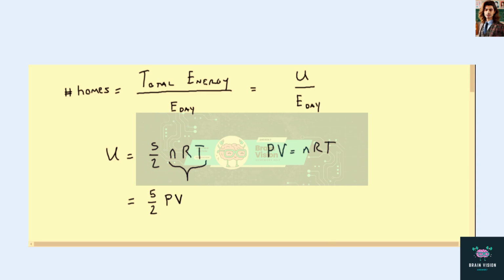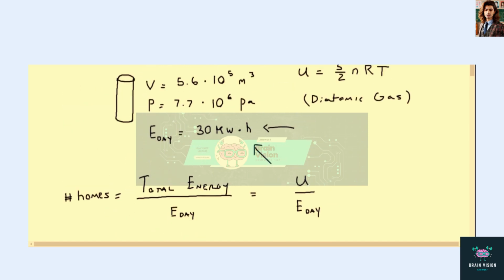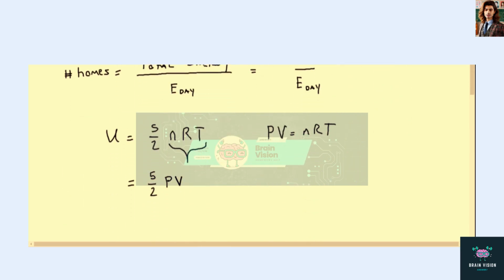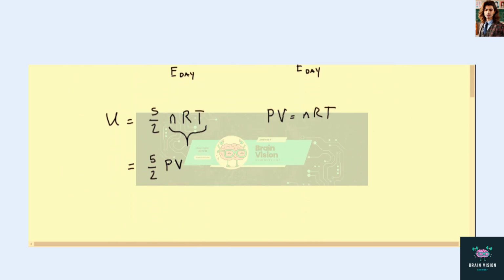The reason we do this is because P and V are parameters that we have the values for. So now we can go ahead and calculate our internal energy. And if we do that, we're going to get a value of 1.078 times 10 to the 13th joules. So that's the total energy we have to spend.